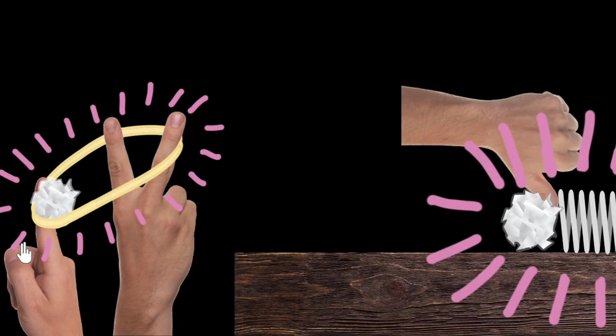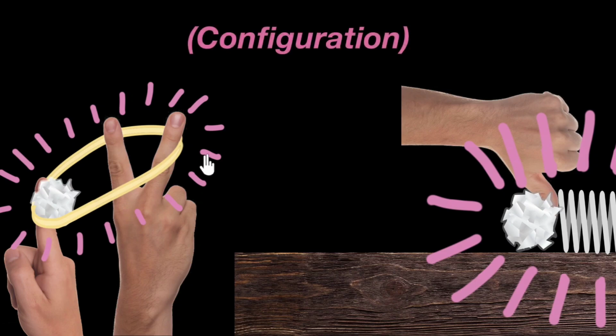Similarly, if I stretch the rubber band more over here, it'll have more energy. So over here, what does the energy depend on? The energy depends on how much you compress or how much you are stretching this object. So in general, we can say over here, the energy depends on the configuration of the object. Basically, it means how you are arranging that object, how much you're stretching or compressing it.